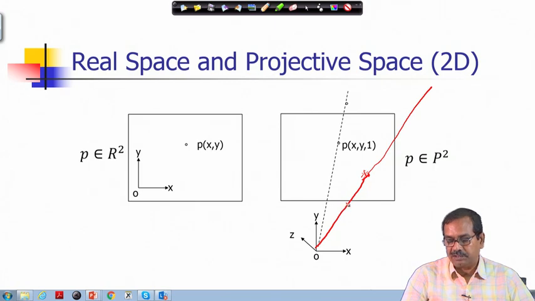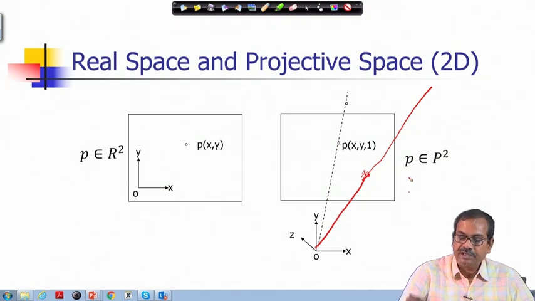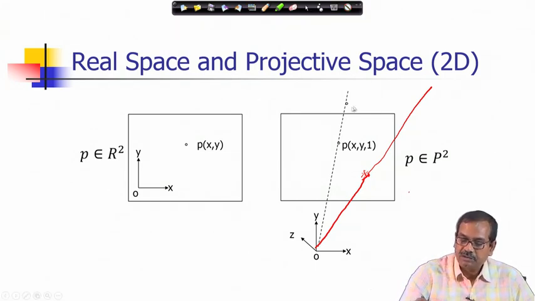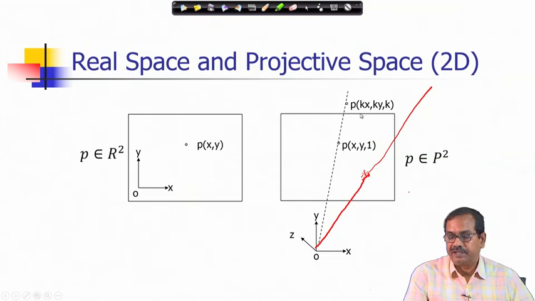Any point on this ray is also represented by a proportional factor k, where k is a parameter.